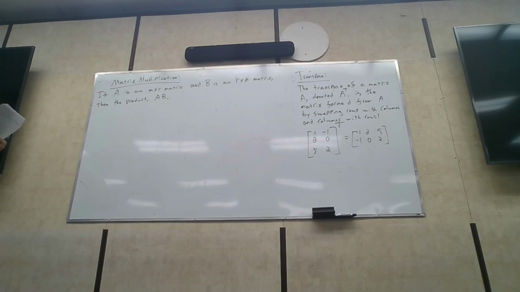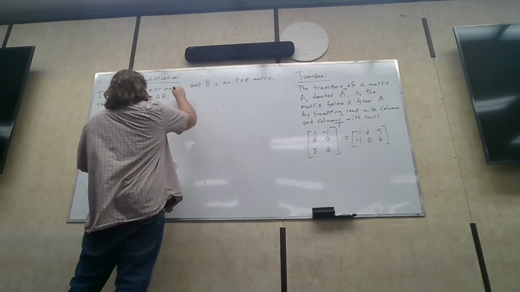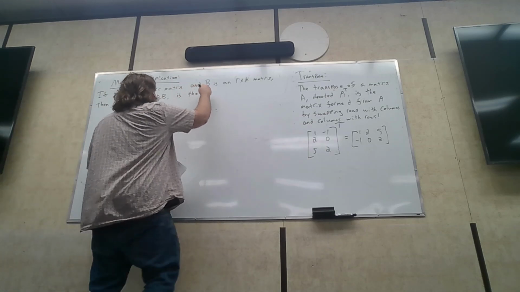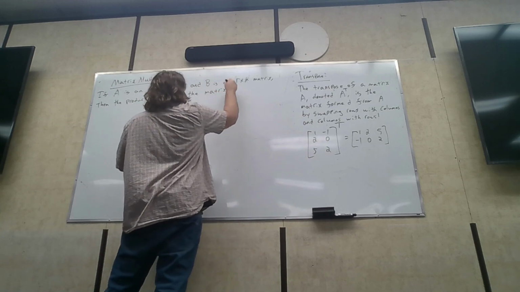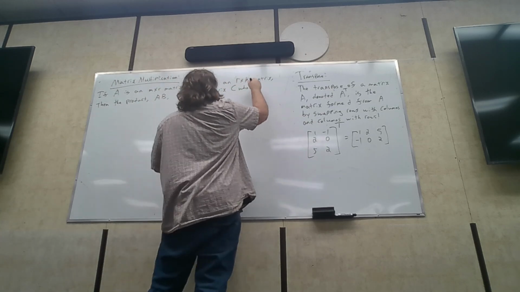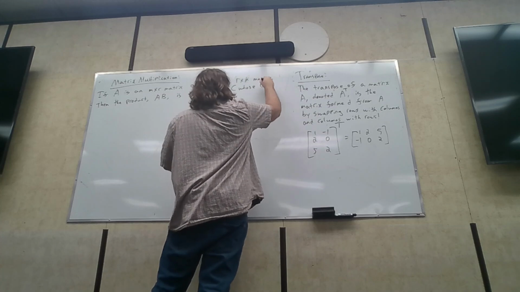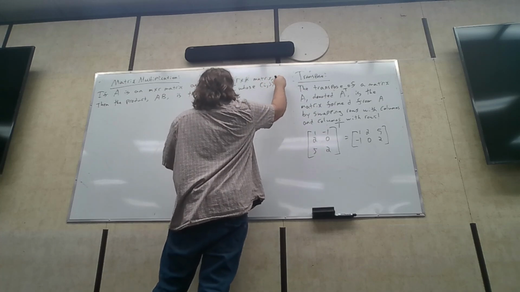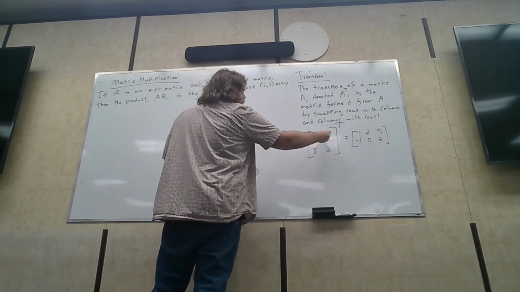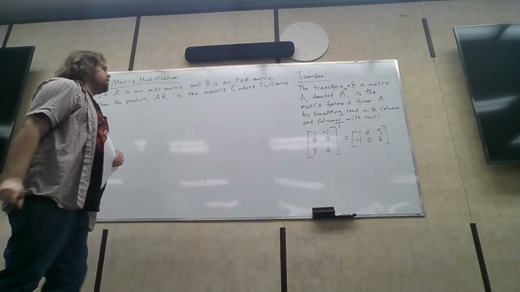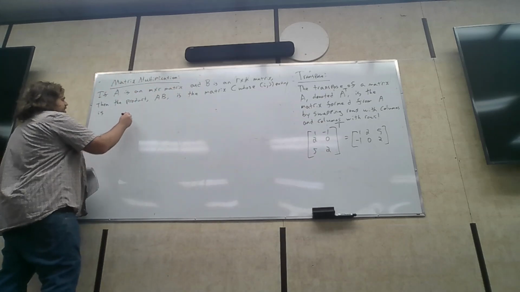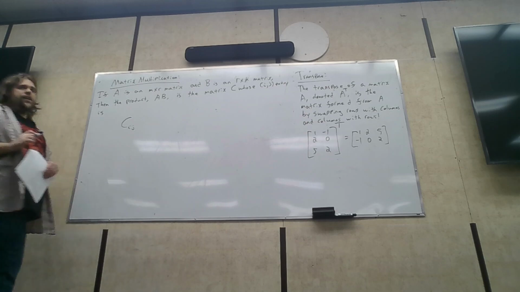It's multiplication, is the matrix C whose ij-th entry, so that's just, pick one of these specific spots, is the entry ij.